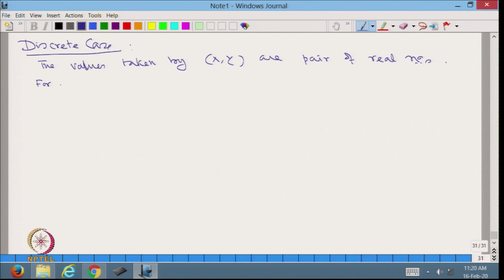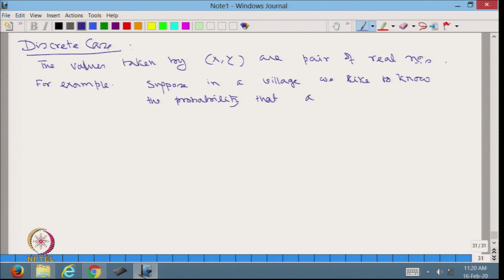For example, suppose in a village we would like to know the probability that a couple is having x many sons and y many daughters.